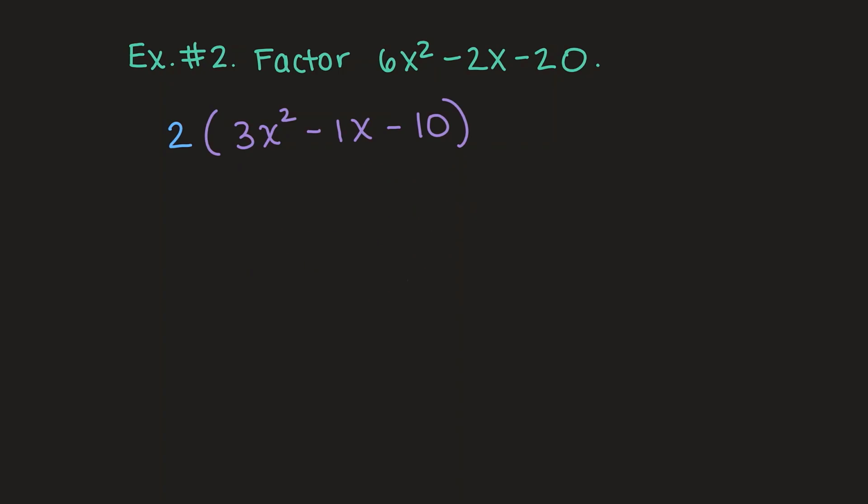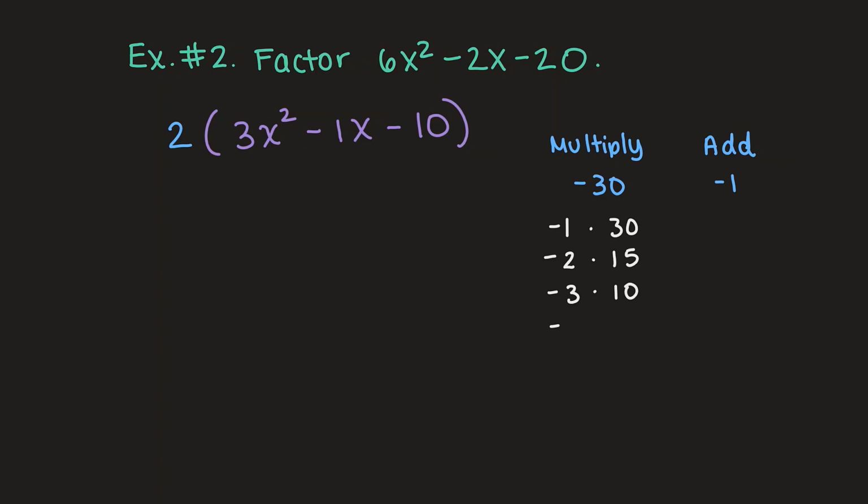So first we multiply 3 times negative 10, which is negative 30, and now we have to find two numbers that multiply to negative 30 and add to negative 1. So we list out the factors of negative 30, and it looks like this combination might add to negative 1.